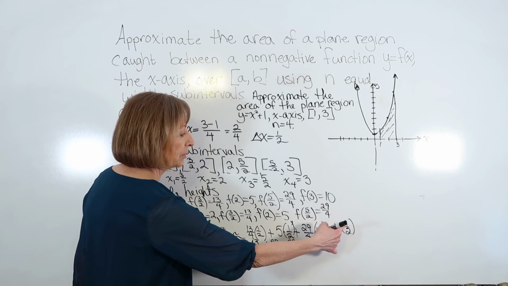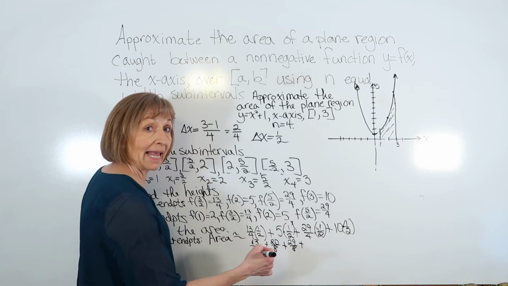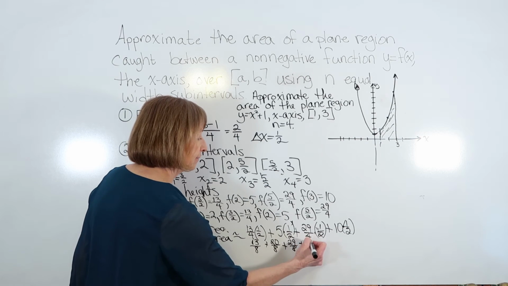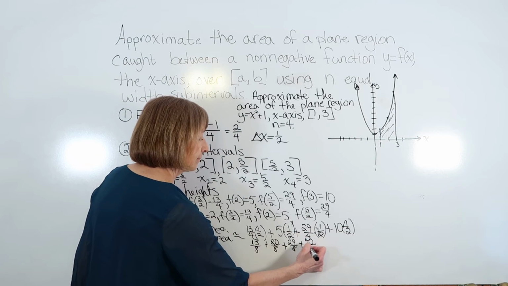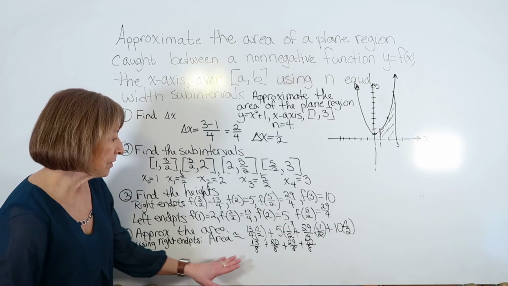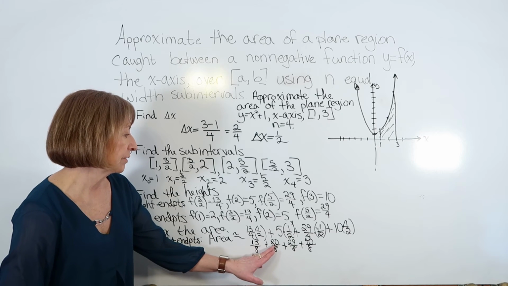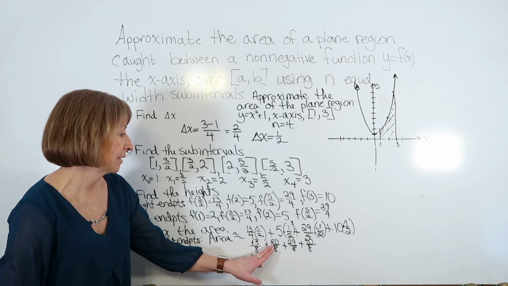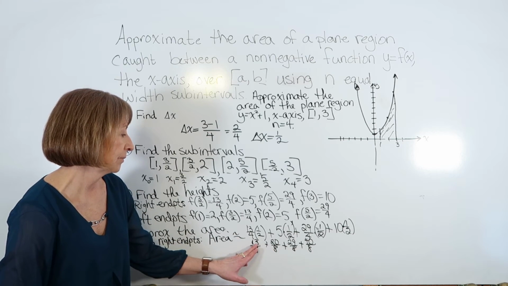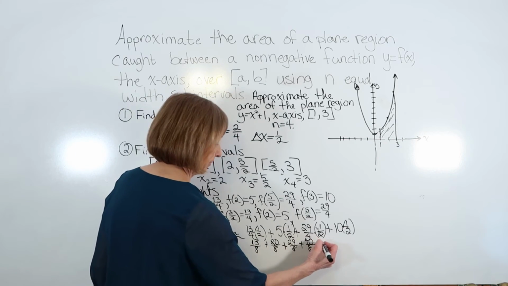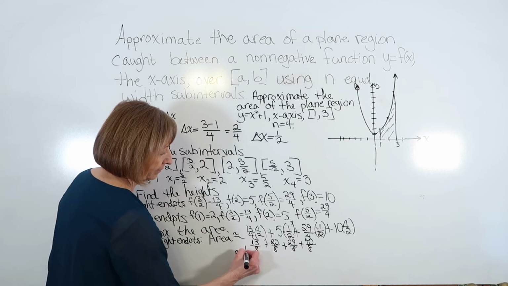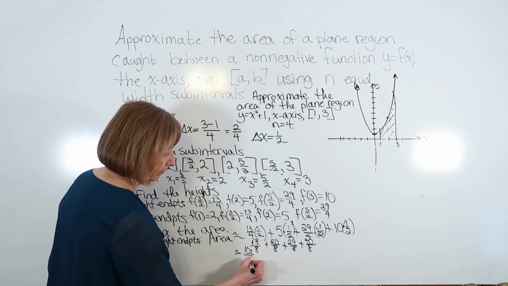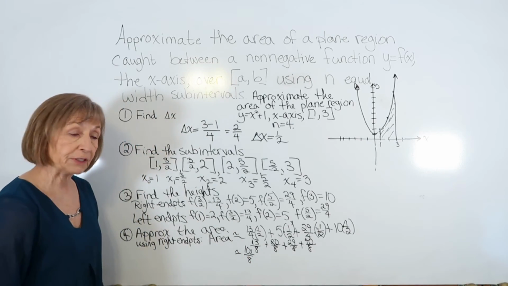And then plus, well, 10/2 put into eighths will be 40/8. So then we get 102/8. And so 51/4.